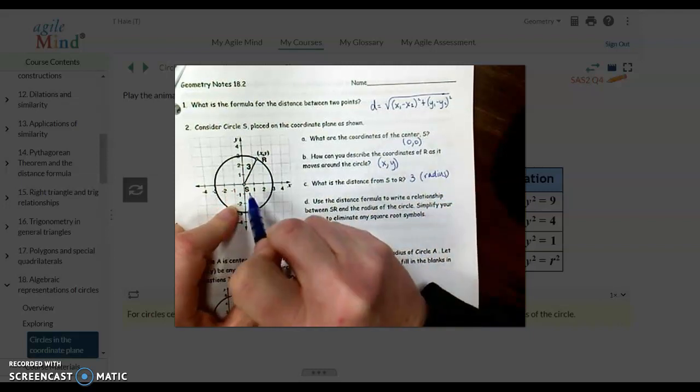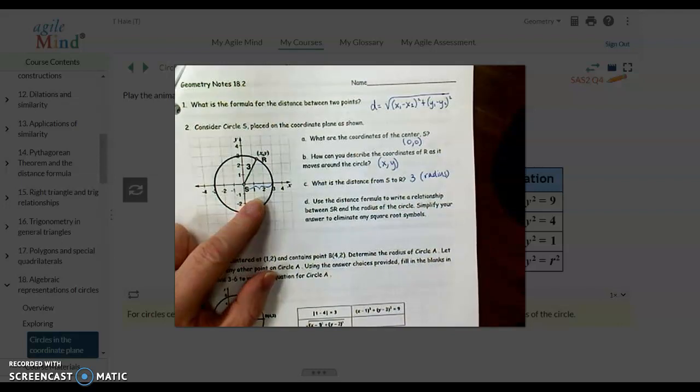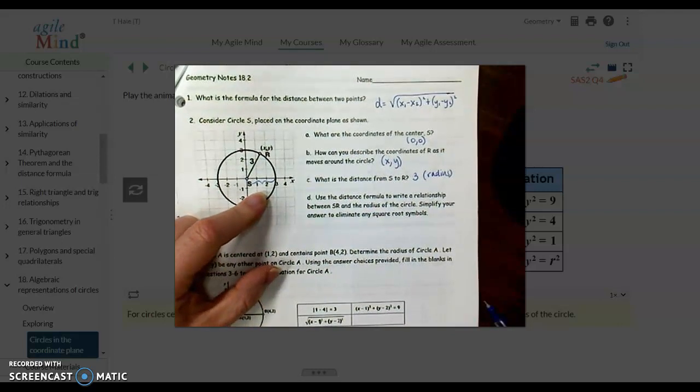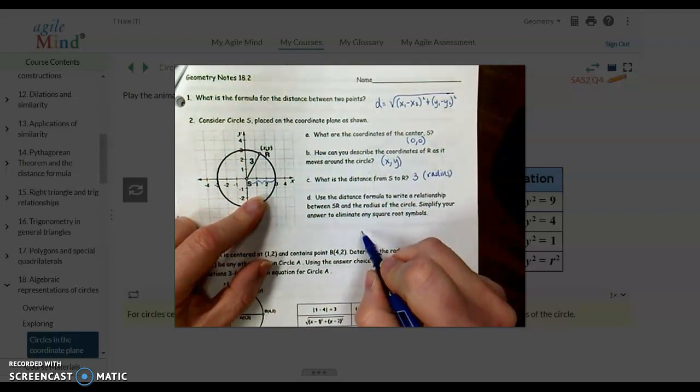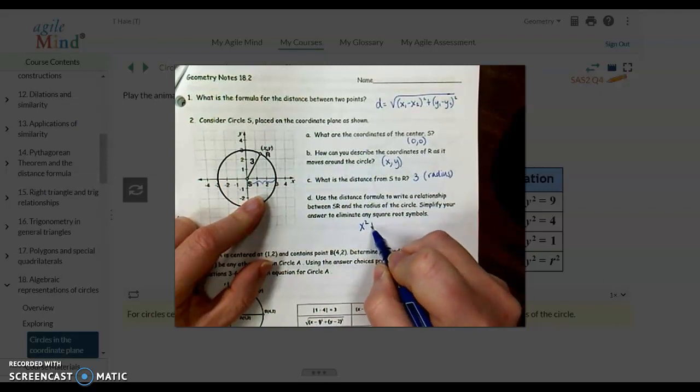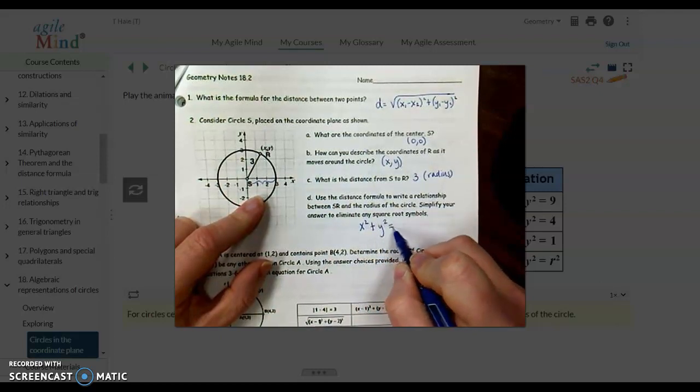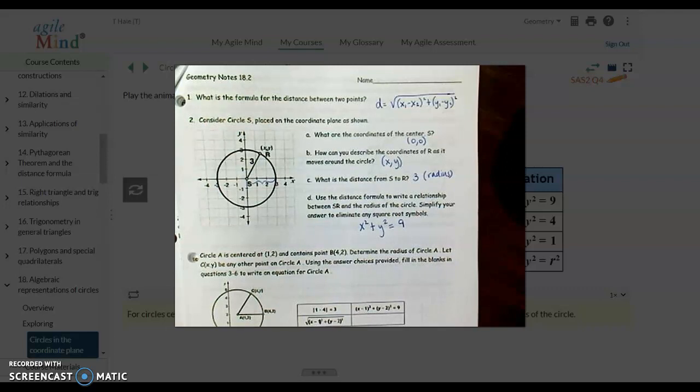And we could tell that from here, that horizontal distance. And so we wrote the equation of the circle as x squared plus y squared equals 9. You can go through and show that work from the animation if you'd like to replay that and make sure you get that down. But this is the simplified version, which is the equation of that circle.